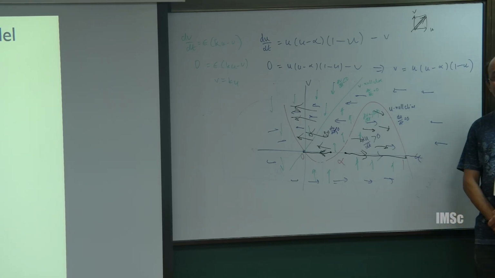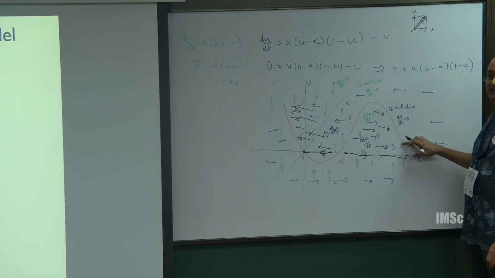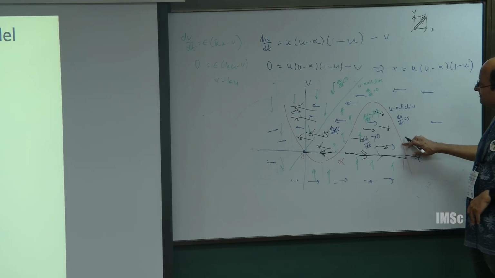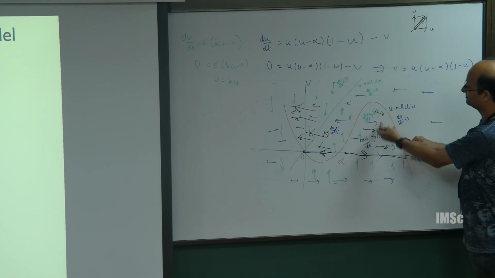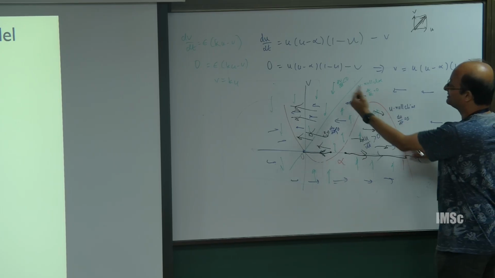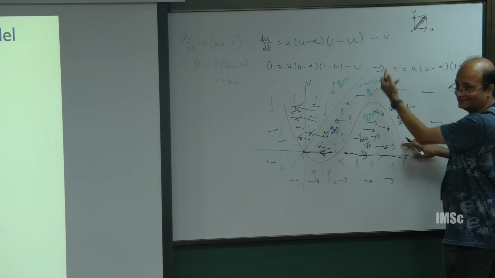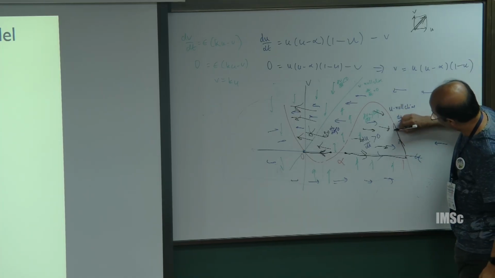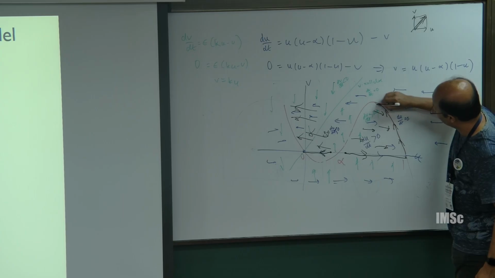Now what will happen? Once you are on this curve, the u contribution goes away and the v part becomes important. And what is dv/dt here? Everywhere to this side, dv/dt is positive. So that means it will push you along this curve.